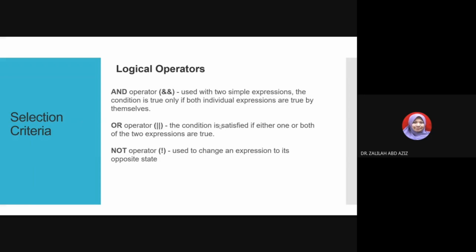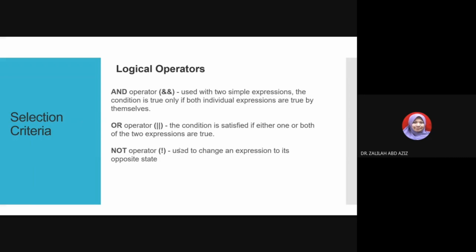Okay, so the condition is considered true if either one or both of the two expressions are true. Let's say expression 1 and expression 2, if either of these expressions is true, then it will evaluate to true.